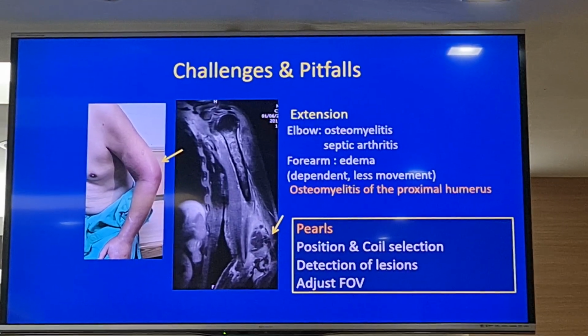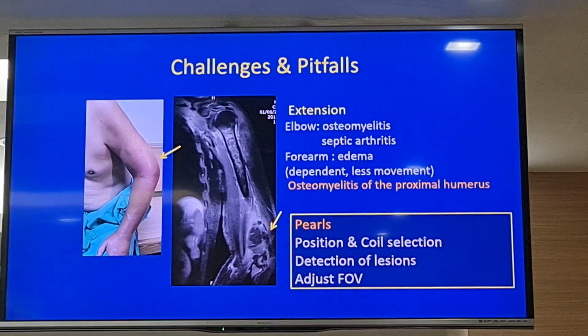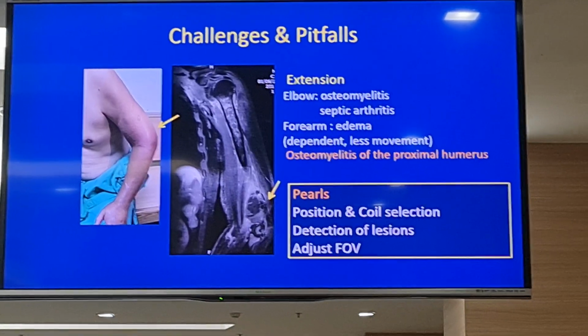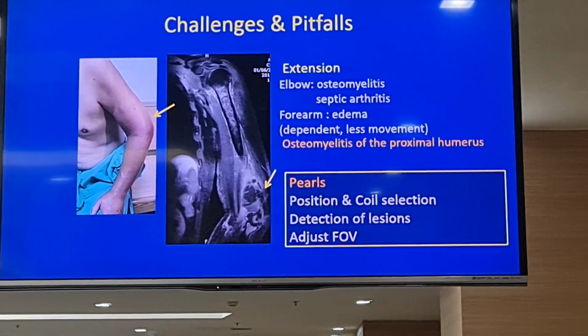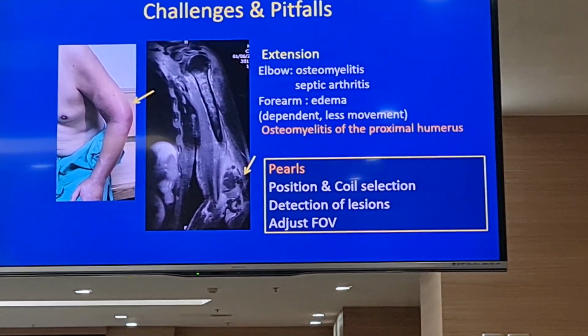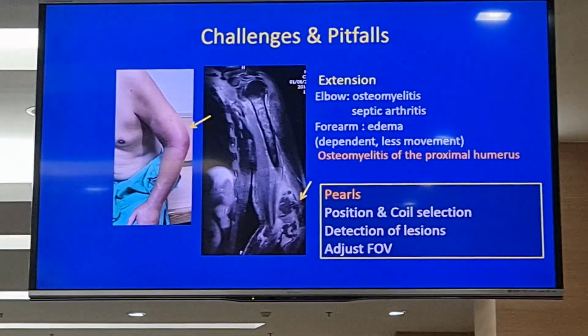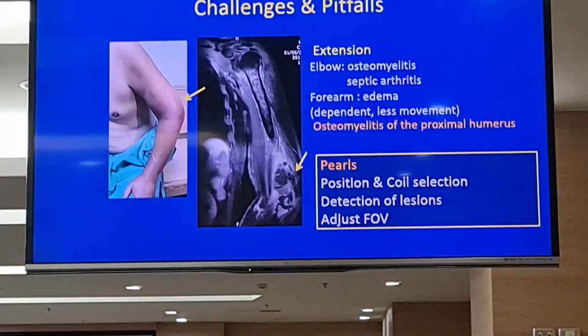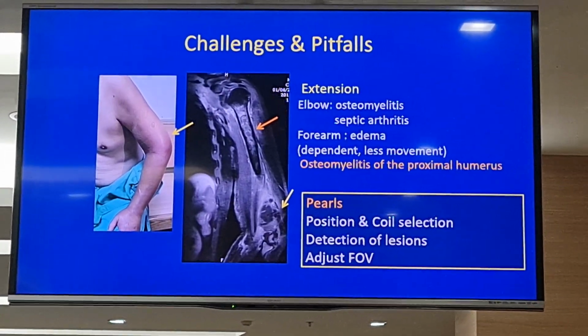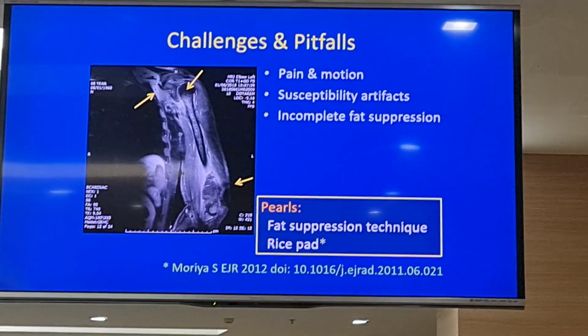It's important to select the points to cover the adequate area, and adjust the FOV during the scan. And for technologists, it's very important to look at the patients and detect the lesion while you do scanning. Right?